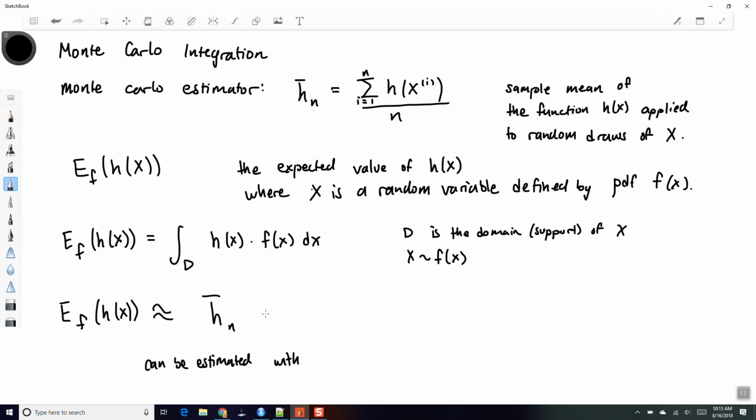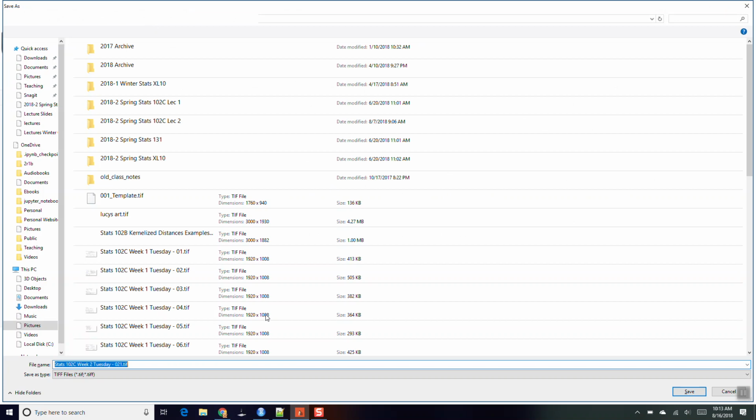So the expected value of this function can be estimated with the Monte Carlo estimator. So this is what we covered on Tuesday.